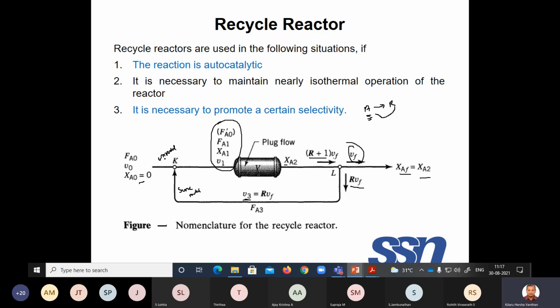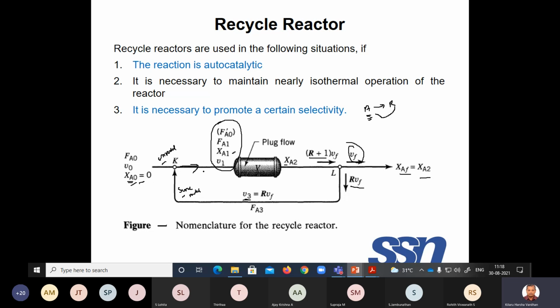So most of the unreacted A is added with reacted A or the product. Then it is getting mixed here. Therefore, the product coming from this will not have this conversion at all because it is mixing with some of the product.